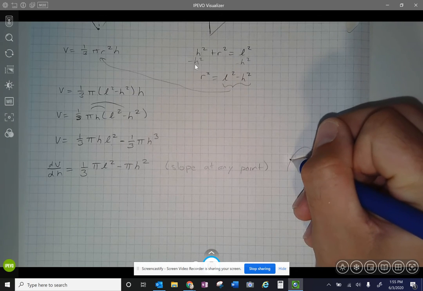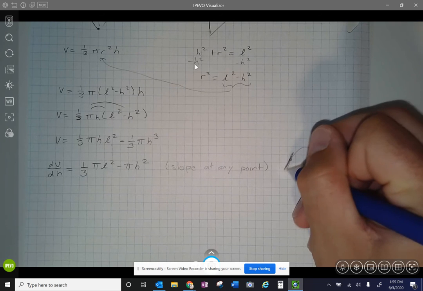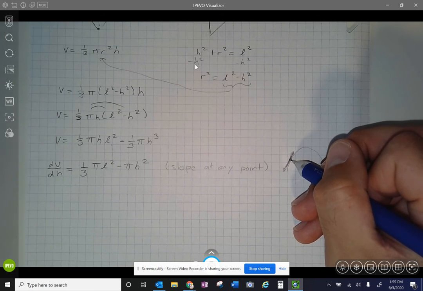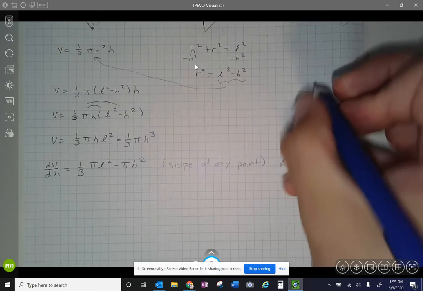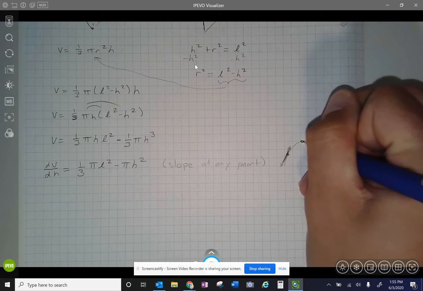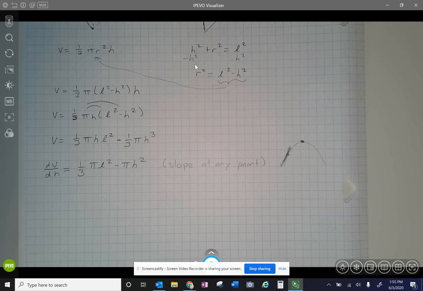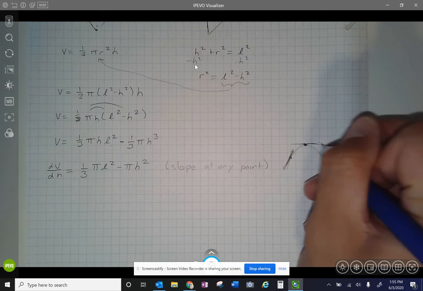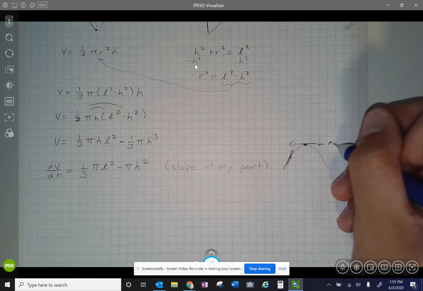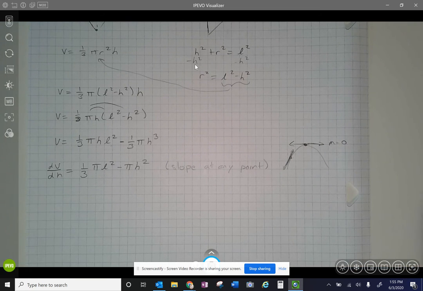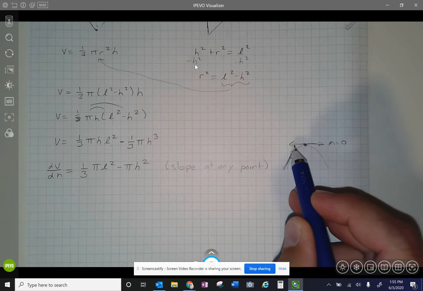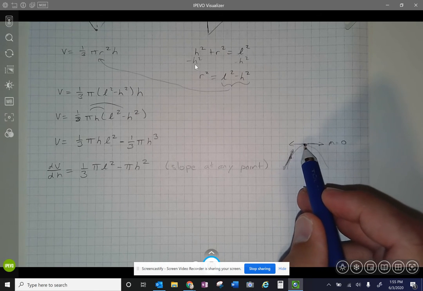For right here, this tangent line would look like this, which represents the slope at that point. But if I want the maximum volume, which we know is at the cusp or the vertex, the slope of the tangent line here is going to be 0. In other words, my tangent line is going to be flat at the maximum.